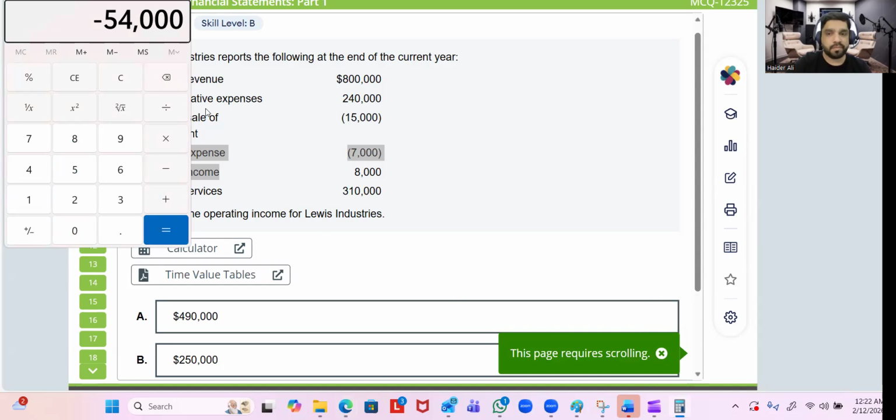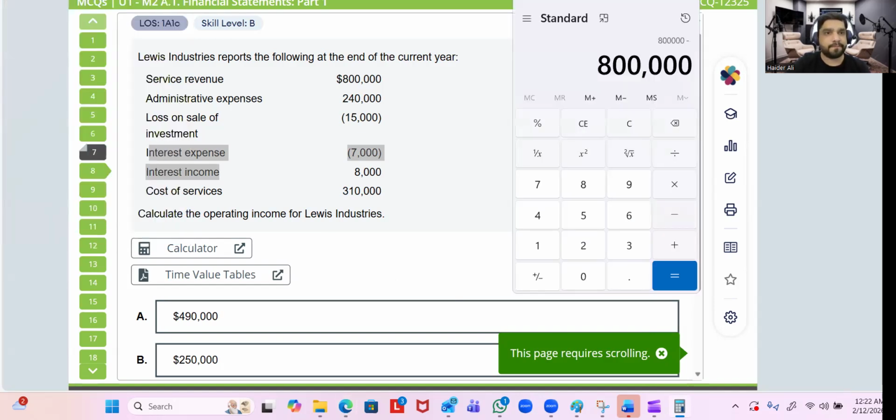The first piece of information is 800,000. So let's start again. 800,000 is your service revenue. If you use your calculator, minus the cost of services 310,000. This gives you gross profit, 490,000, minus any administrative expenses.